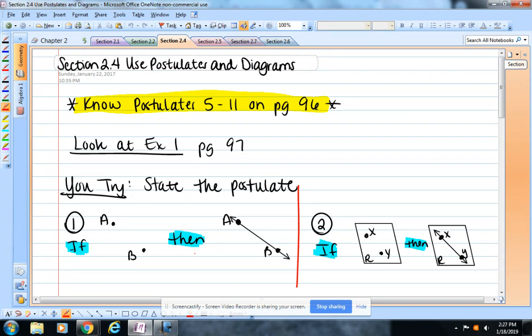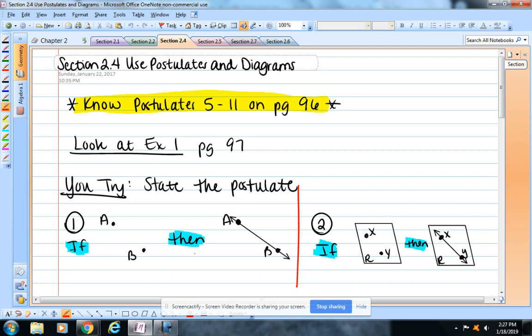Now look at those postulates in the green area on page 96. It says if, and I've got two separate points right here, then what's happening in the picture? You're drawing a line through the points, right? Again, it's not a postulate that's talking about planes, it's talking about points in a line.